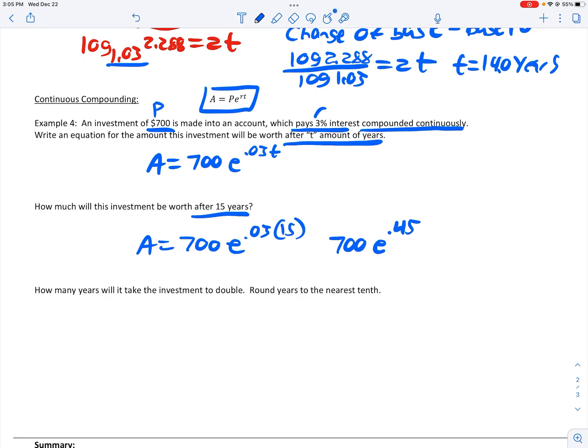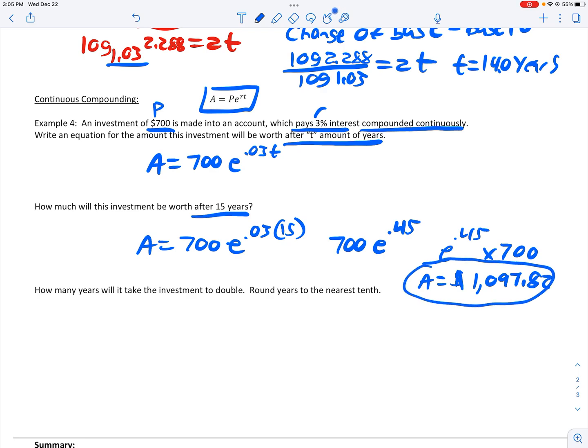Grab your calculator, do e to the 0.45. So I would do e to the 0.45 times 700, and you should get the final amount to be about $1,097.82 if you do it correctly.